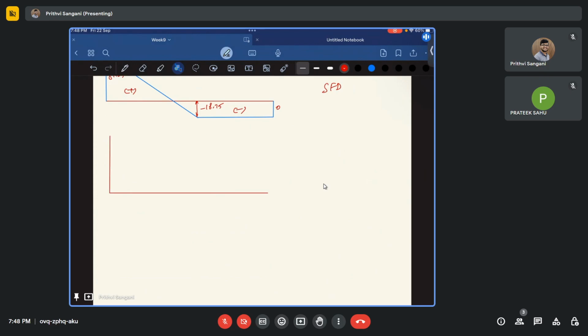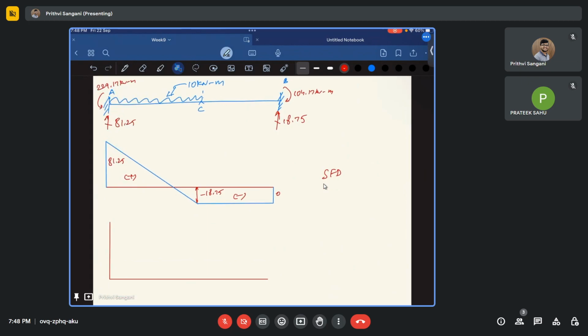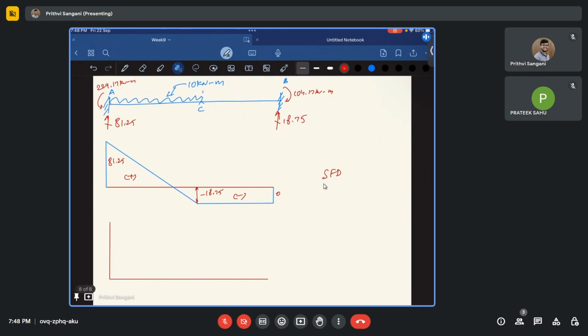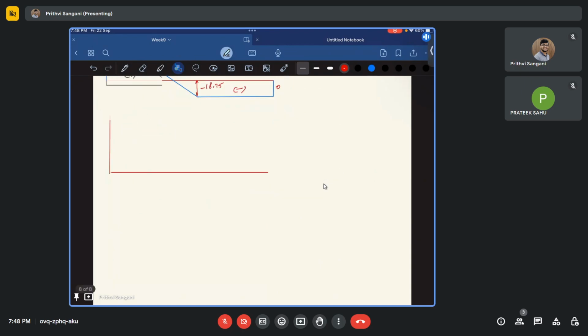So this is 229.17. And what about at B? At B it is again 104.17. I'll come to that in a few seconds. What is happening at C? Let me calculate my bending moment at C.